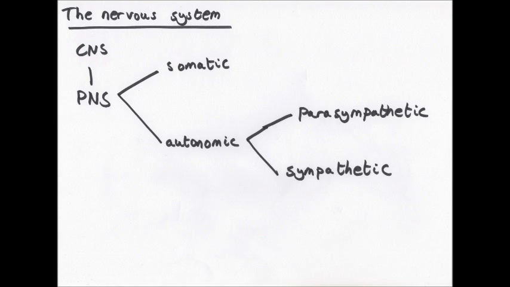So these relay points are found within the target tissue. Think of a neuron going from the central nervous system to the target tissue, and then it has an effect. The preganglionic one will go from, let's say, the brain all the way to the target tissue, let's say the heart, and then once in the heart it will reach a ganglion, and then the postganglionic neuron is very short, just going directly to where it's needed in the heart.